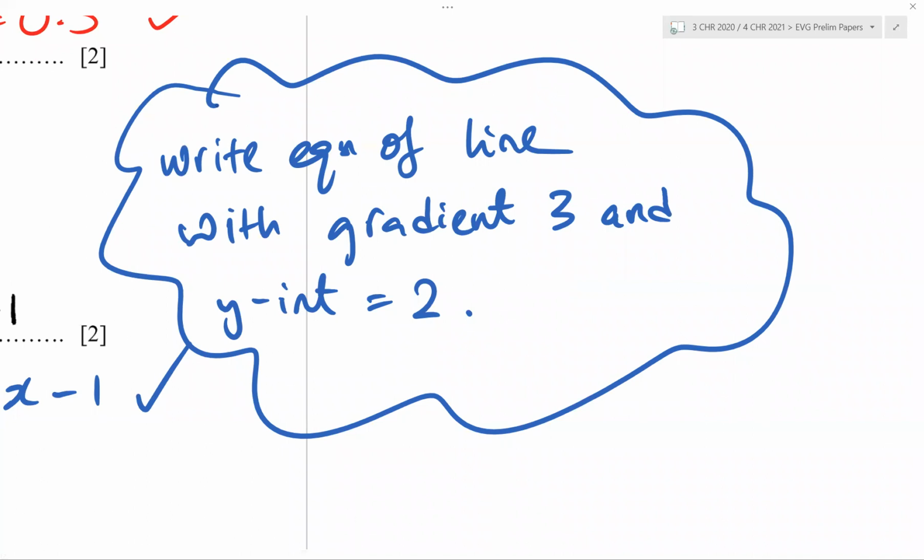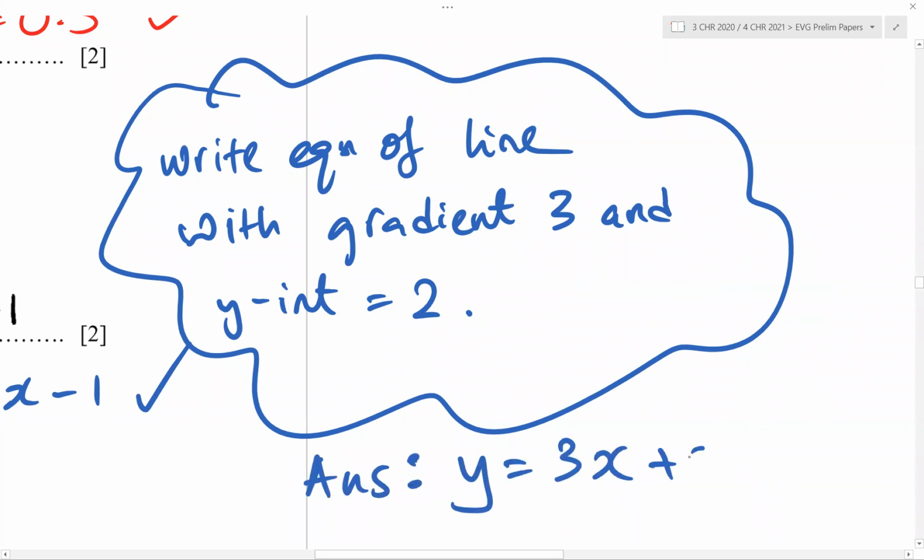Y equals to 3x plus 2. So this is the answer. When you have the gradient, you have the y-intercept, you can write down the equation already. What if I change this to become -8? That's it, -8. All right.